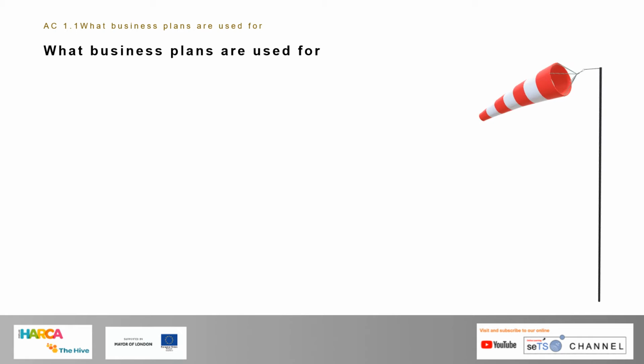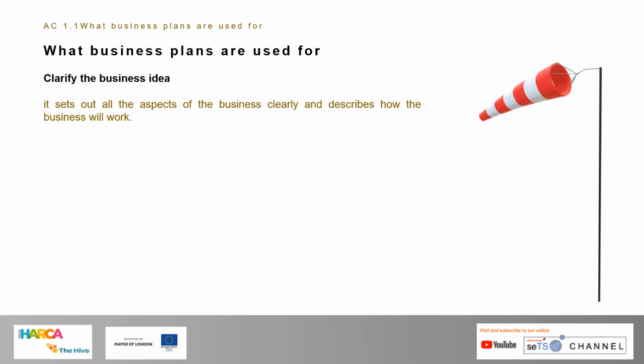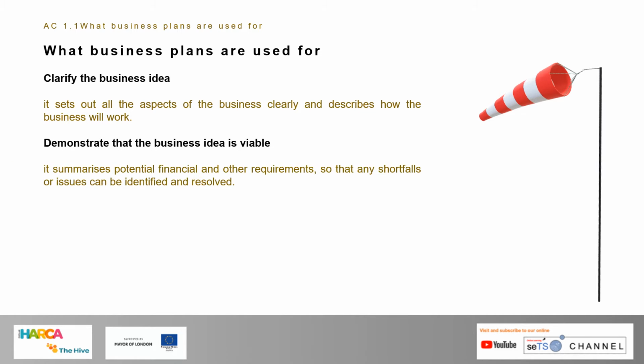What business plans are used for? Clarify the business idea. It sets out all the aspects of the business clearly and describes how the business will work. Demonstrate that the business idea is viable. It summarizes potential financial and other requirements so that any shortfalls or issues can be identified and resolved.